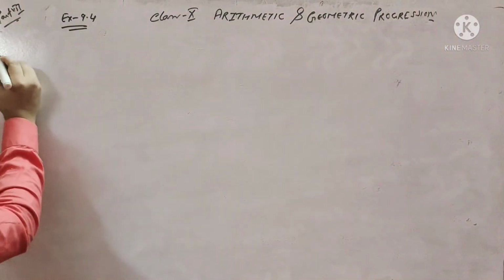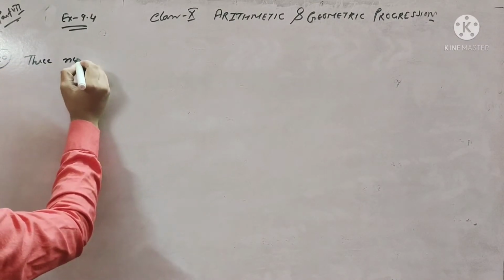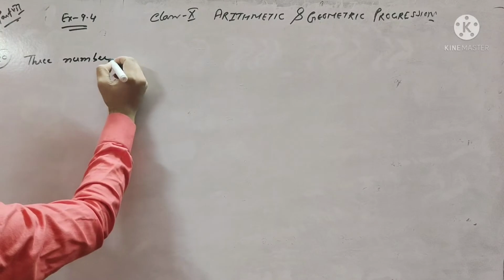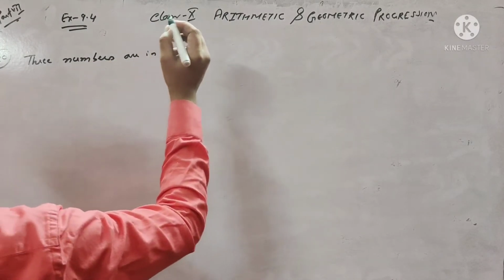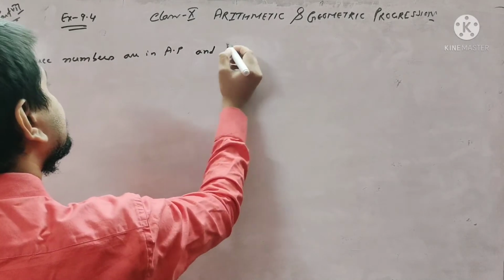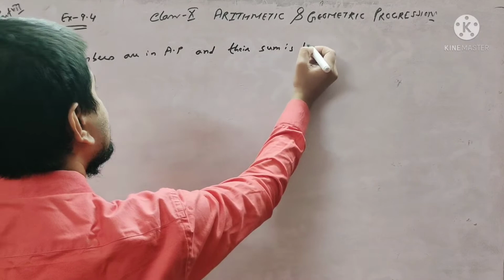Three numbers are in AP and their sum is 15.